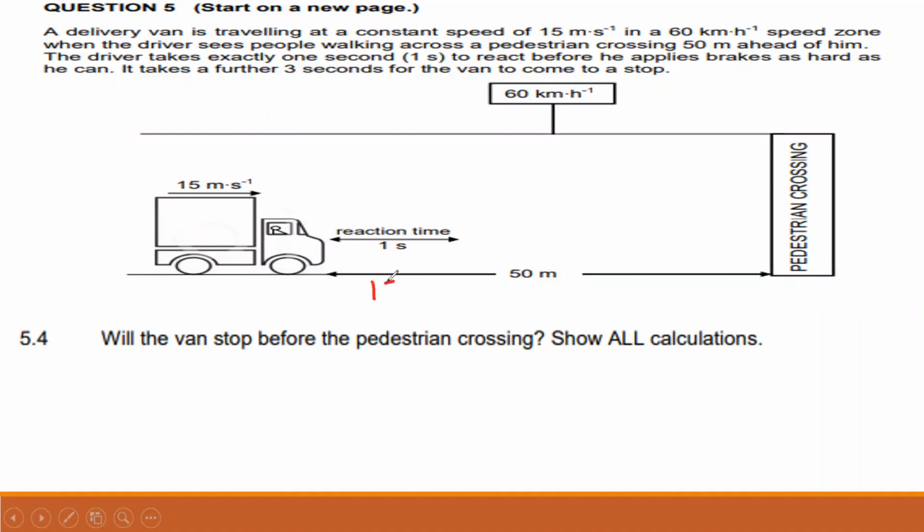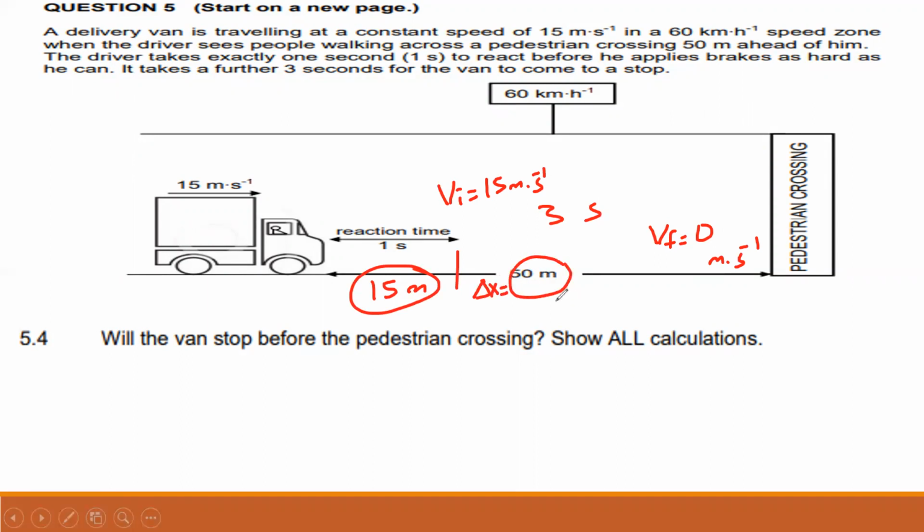This one, just leave it here. And then let's calculate for 3 seconds. What we know for 3 seconds, V initial is 15 meters per second, and then V final equals 0 meters per second. Delta X displacement equals 50. It is given here, 50 meters.